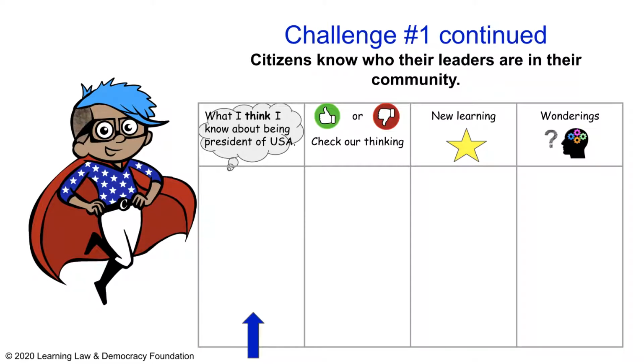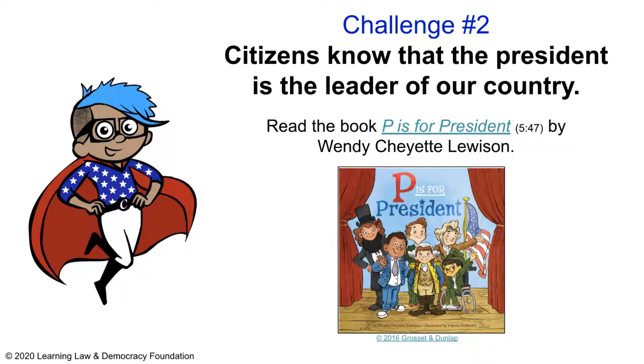Challenge number 1 continued. Citizens know who their leaders are in their community. In the first column of the graphic organizer, record what you think you know about being President of the USA. Challenge number 2. Citizens know that the President is the leader of our country.